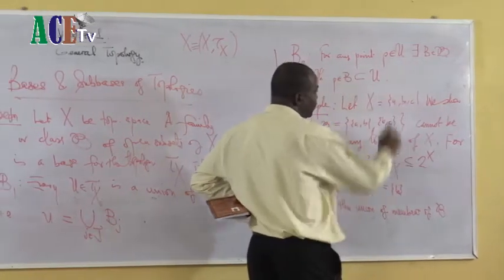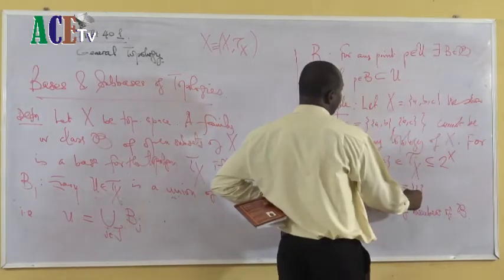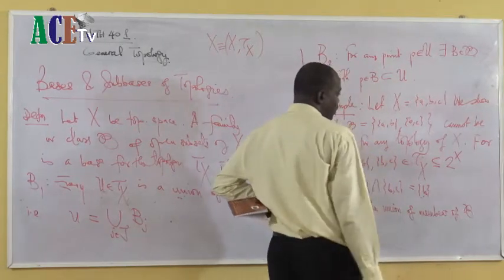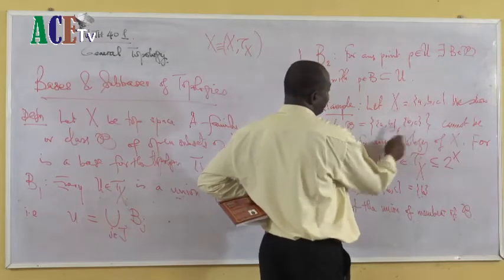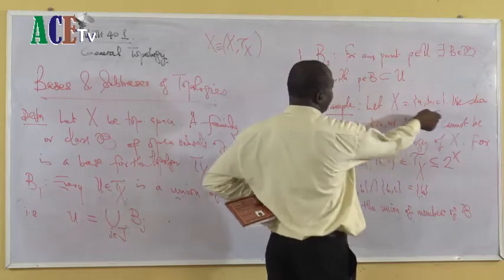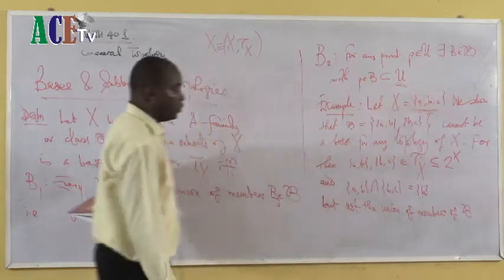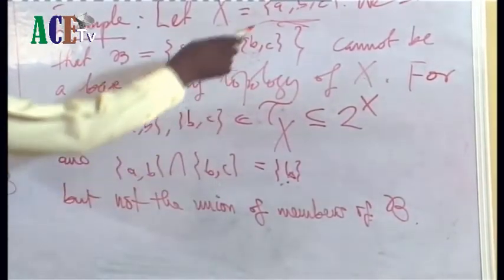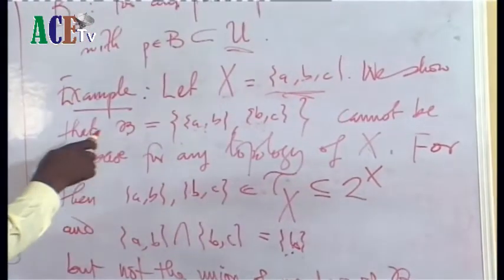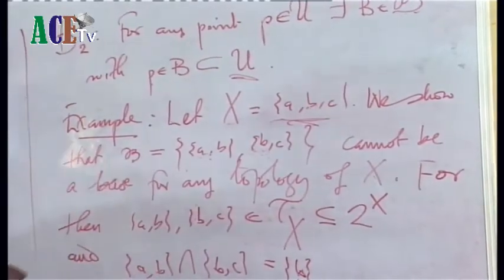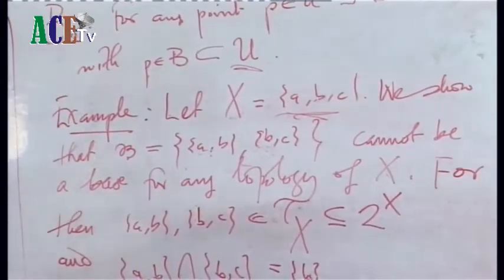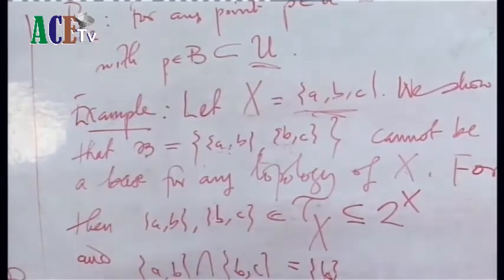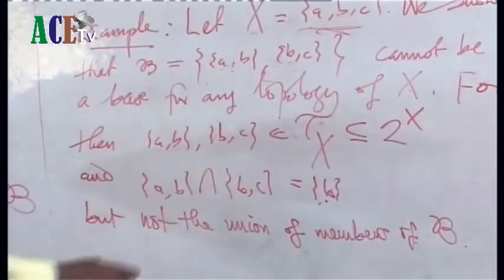There exists a base element that contains the point B, and of course we know these are elements in the basis for which at least one of them must be a subset of U. So if we claim that these are the basis for the topology on X, then the union of these two actually forms X, and their intersection gives us a point.